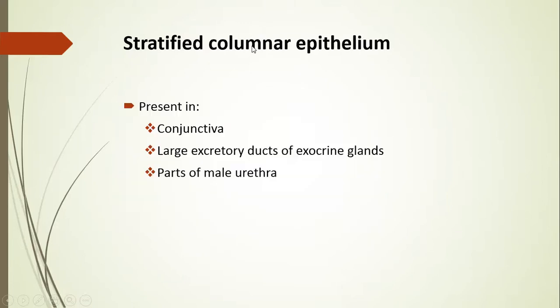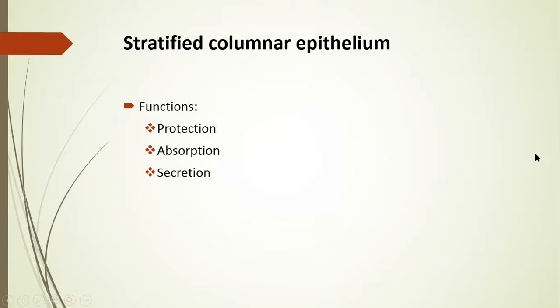The stratified columnar epithelium is present in the conjunctiva, large excretory ducts of exocrine glands, and parts of the male urethra. Also, the stratified cuboidal and stratified columnar epithelium are rare and are found in the excretory ducts of some exocrine glands.